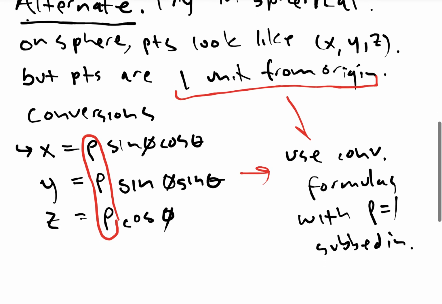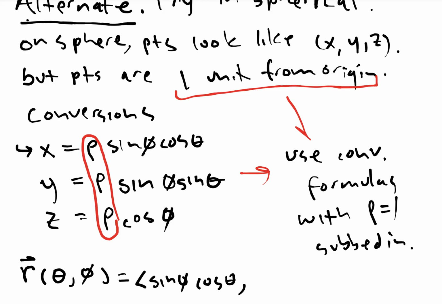That's really going to be it for the most part. If I try to do this, you'll notice the variables that I'm using are in terms of theta and phi. Well, if I wanted to have an x coordinate, we said we wanted to replace x with this conversion formula, but use rho equals 1. That means my first slot is going to be sine phi cosine theta. If I want to replace my y coordinate with my y conversion, but make rho 1, this is going to be sine phi sine theta.